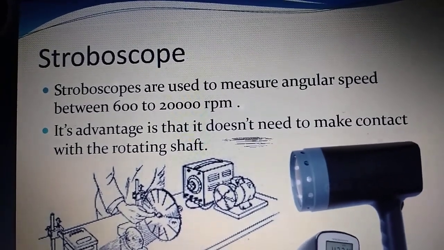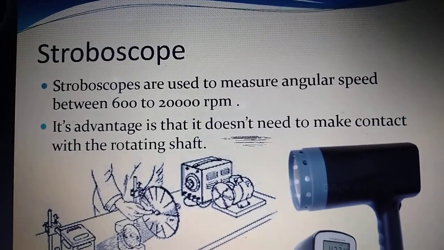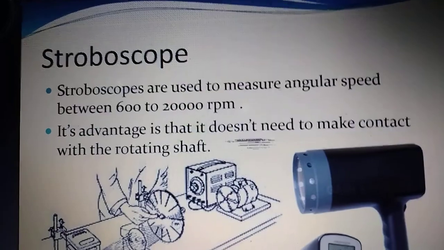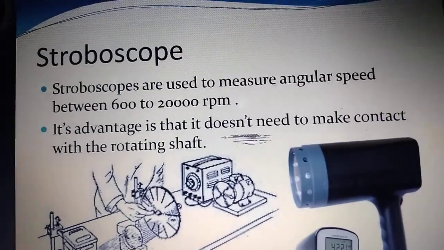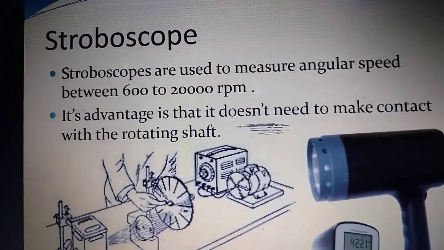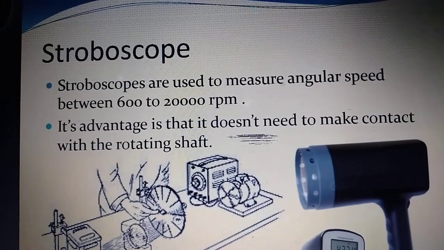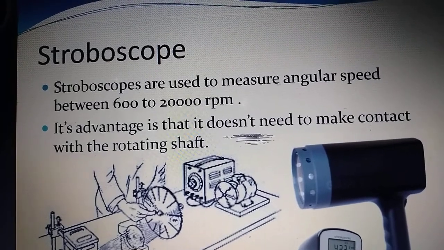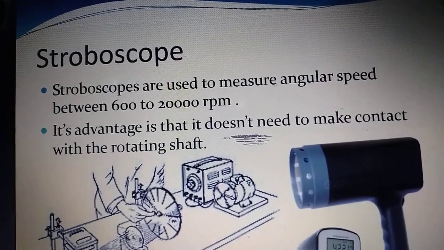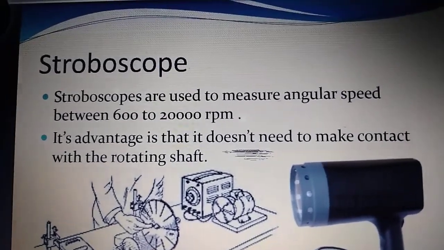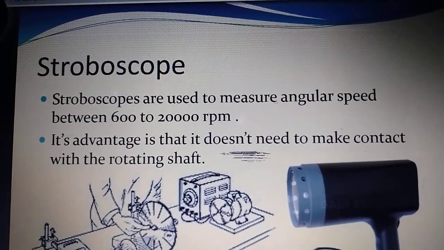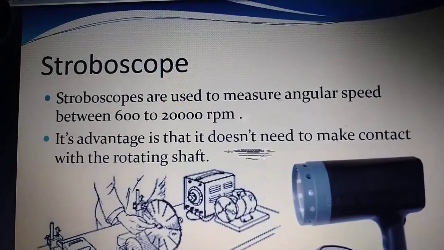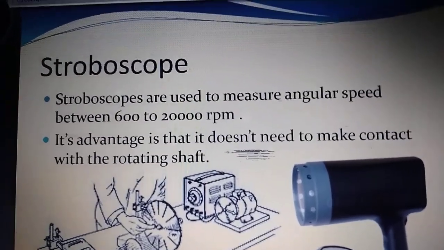By adjusting the knob, increasing or decreasing the frequency of the stroboscope, at some frequency point the disc mark should appear stationary. It should not move; the mark appears at one place. Because of the stroboscopic effect, the frequency of light is equal to the speed frequency of the rotating object, so the mark appears stationary.